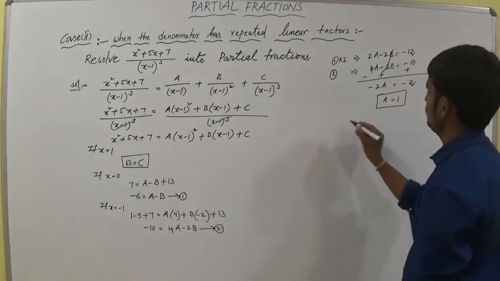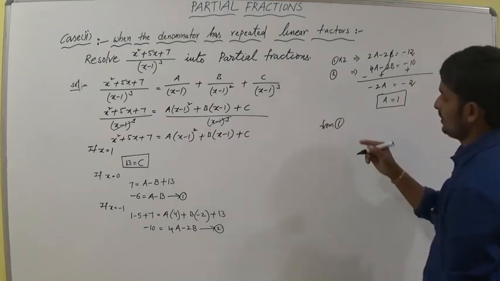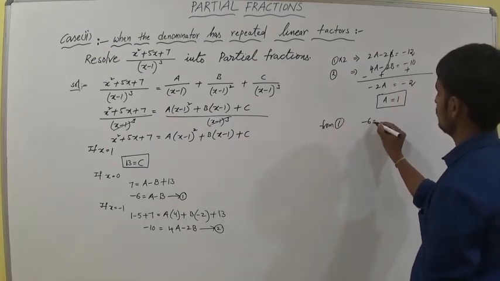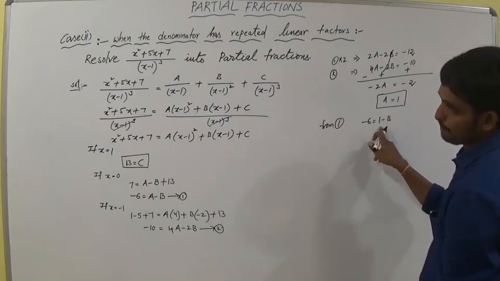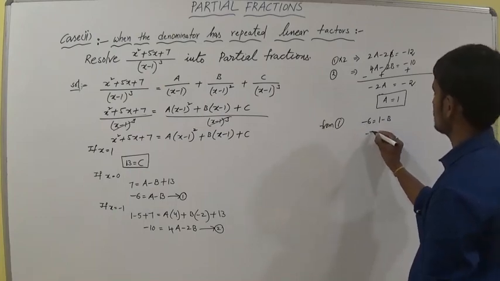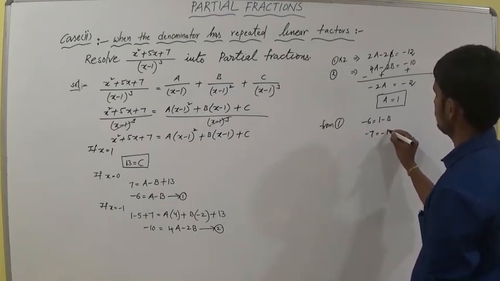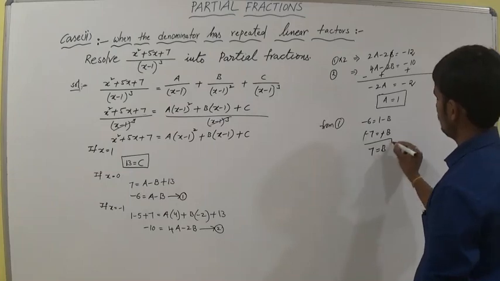From 1, minus 6 is equal to 1 minus b. 1 is plus, comes to here minus. Minus 6 minus 1, minus 7 is equal to minus b. Minus minus are cancelled. So 7 is equal to b.